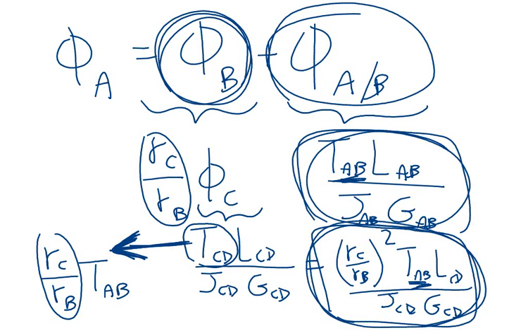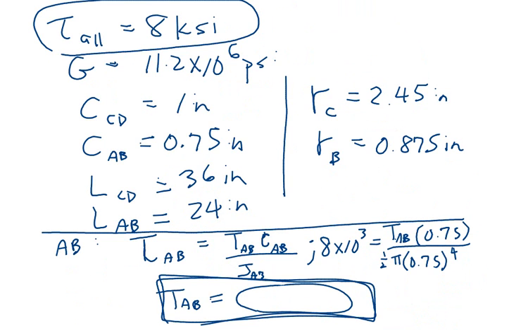Now let me show you another variation of a design problem for this. That would be if I just change this around a little bit. Let me go back to the problem here.